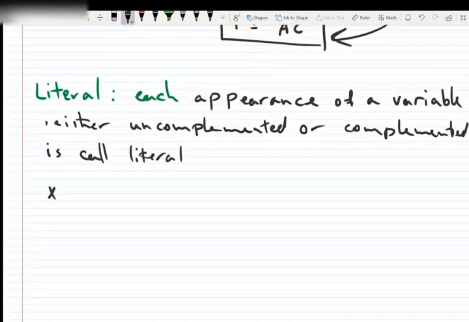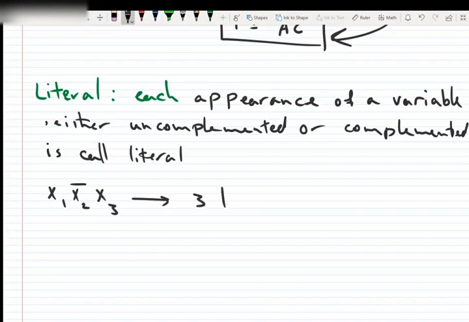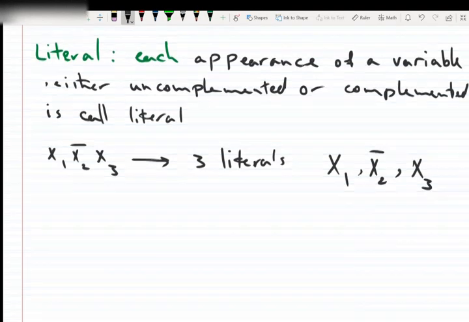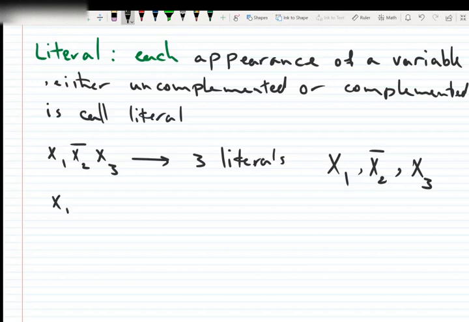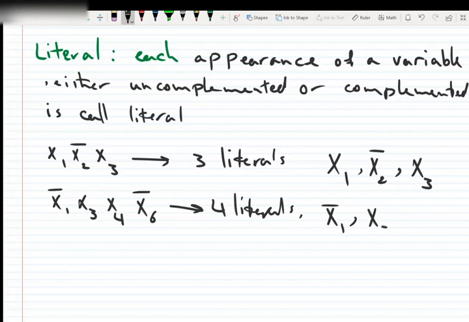For example, if we have x1, x2 bar, x3, it has three literals, which are x1, x2 bar, and x3. If we have x1 bar, x3, x4, and x6 bar, we have four literals, which are x1 bar, x3, x4, and x6 bar. Okay, so this is the important definition that we want to know.